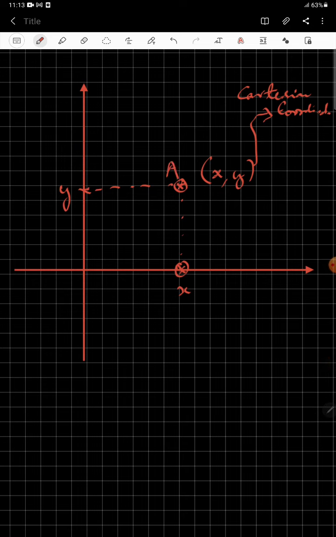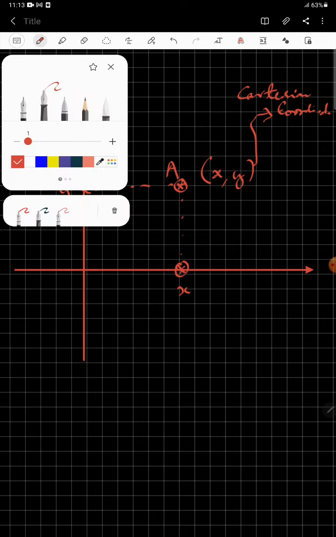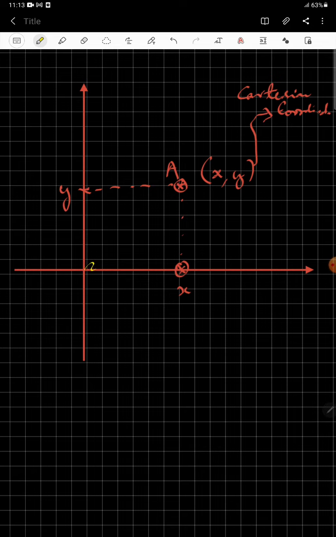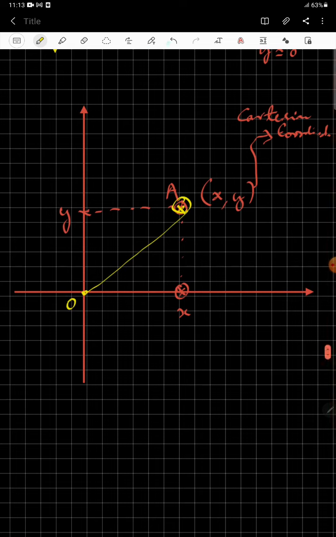That address can be given in another way. I will change the color of the pen. I'm writing that same point here. That same point I'm taking from the origin, this particular distance, and I'll join this one.